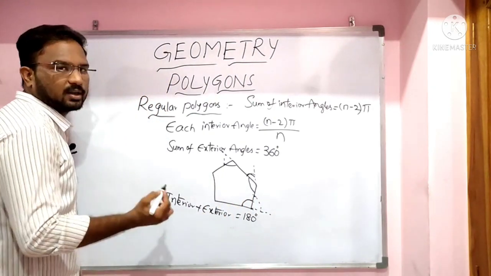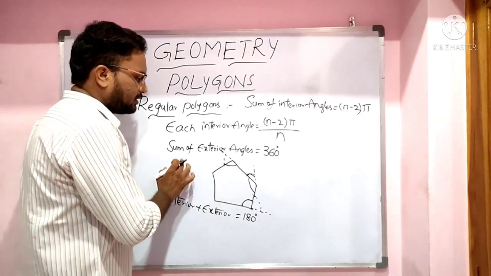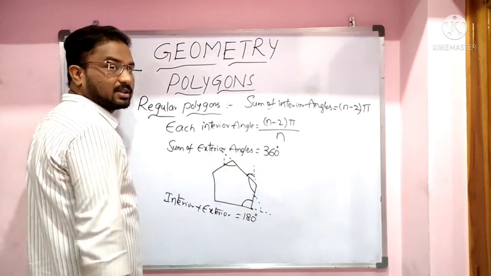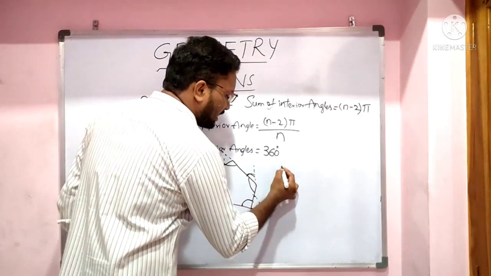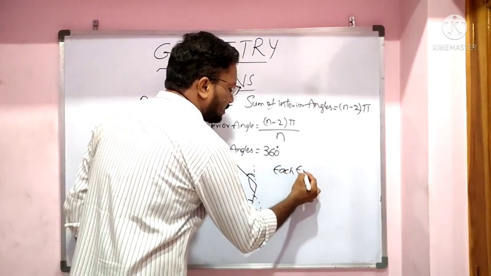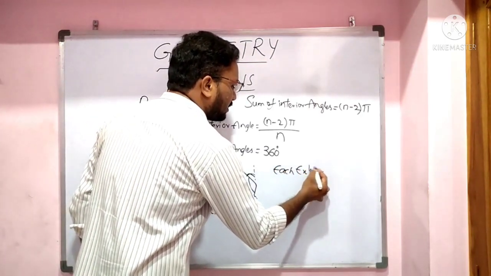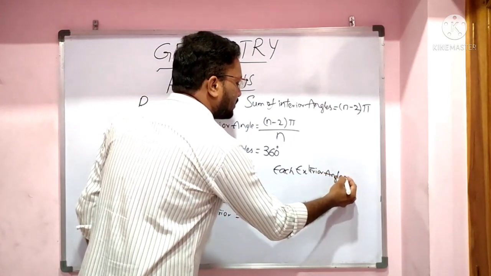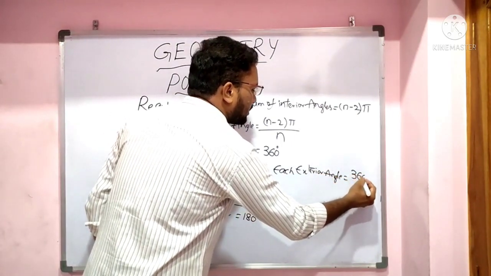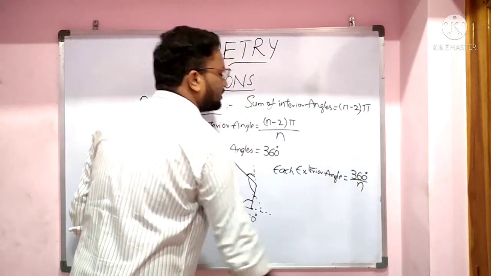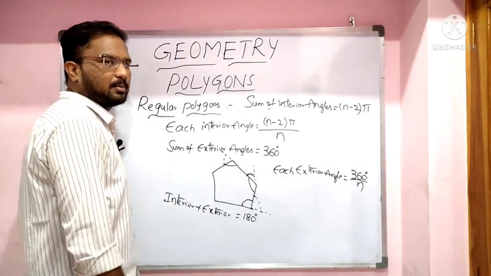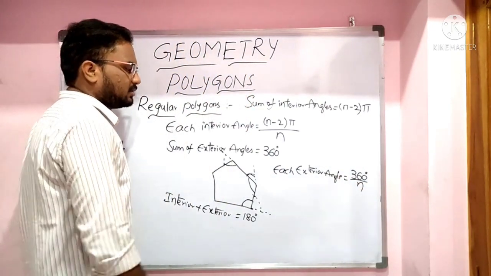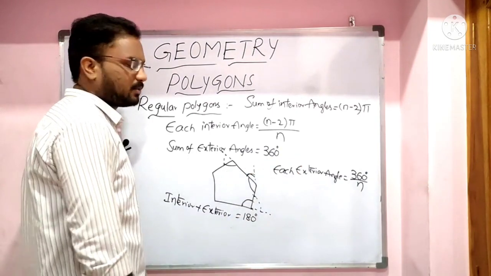And the sum of exterior angles equals 360 degrees, so each exterior angle is equal to 360 degrees by the number of sides.